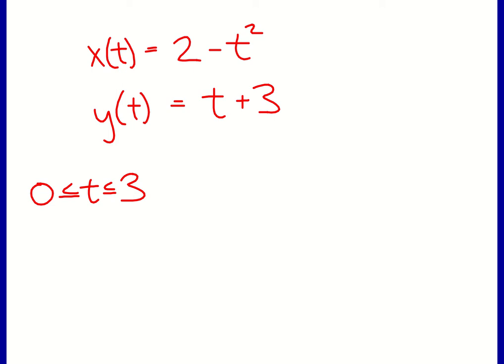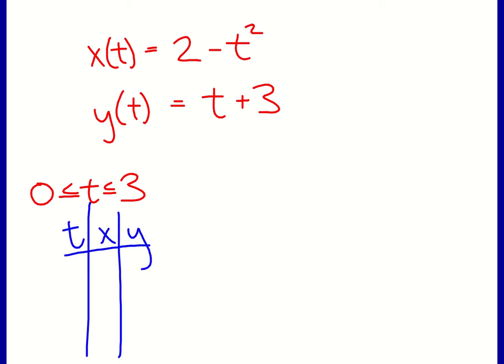If I wanted to graph this, I would make a t, x, y table, and I would say t can equal 0, 1, 2, 3. And then I'll just fill out what x and y would equal. So x would equal 2, and then 1, and then -2, and then -7, and y would equal 3, 4, 5, 6.